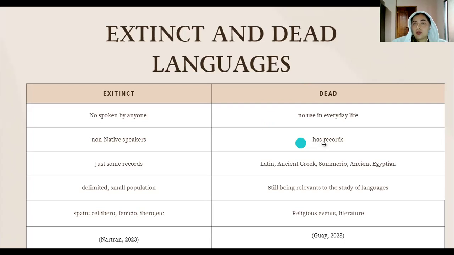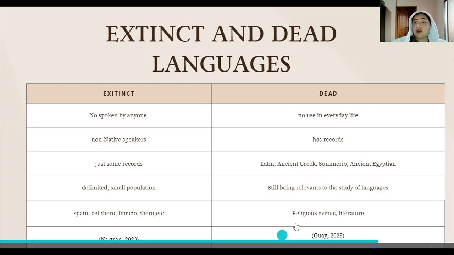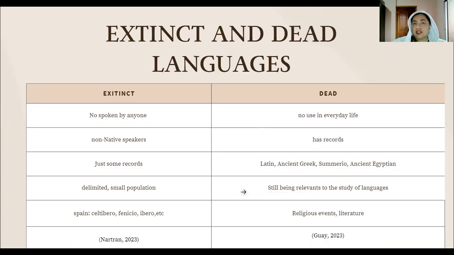This language has records to study the historical languages, as you can say with Latin, Ancient Greek, Sumerian, Ancient Egyptian, still used to study the stages of languages. They are still relevant to the study of languages, and are also used in religious events and literature. Latin, for example, is still used in the Catholic religion for prayers and this kind of thing.